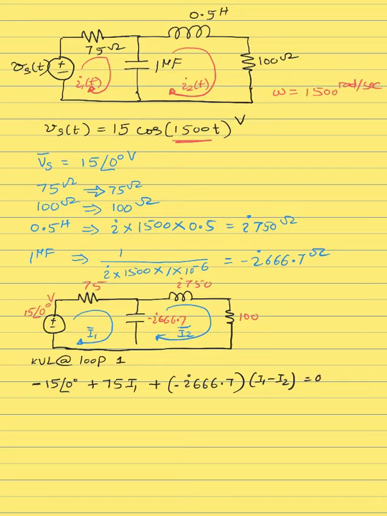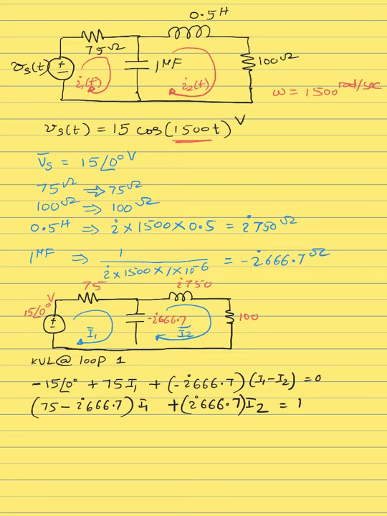Okay, so you simplify the equation. It's 75 minus j666.7 I1, and plus j666.7 times I2. Make sure we are not skipping that j.